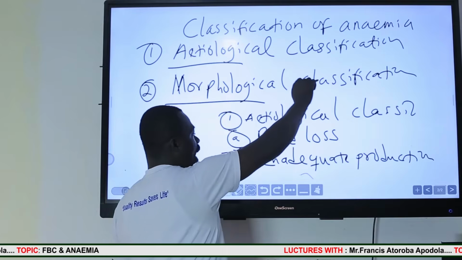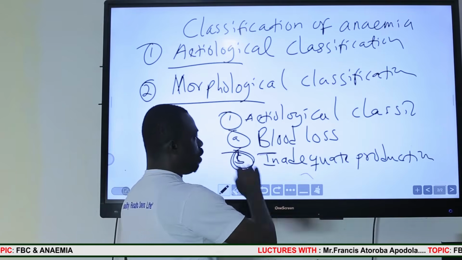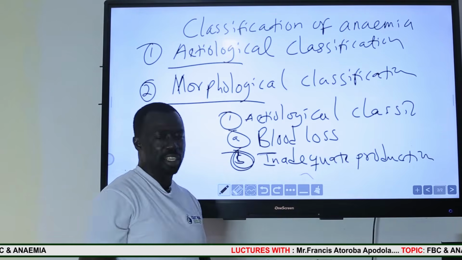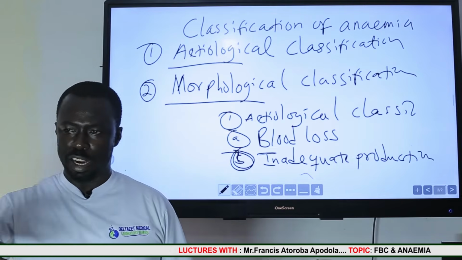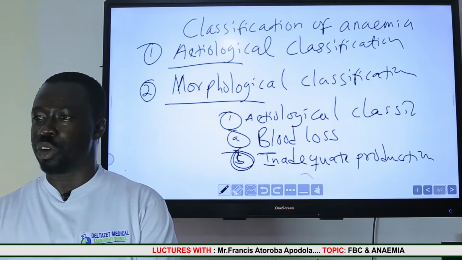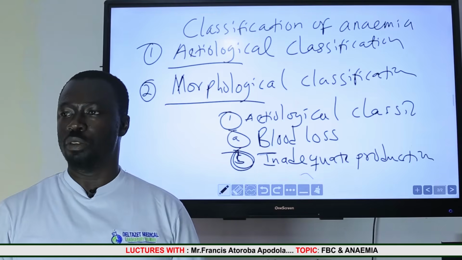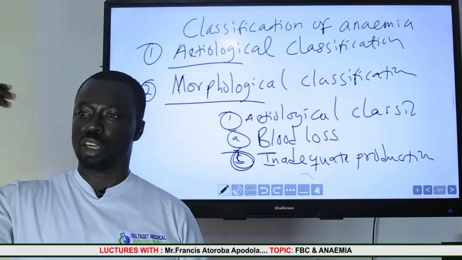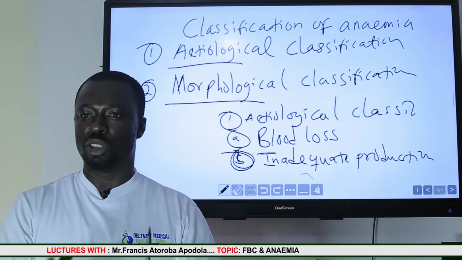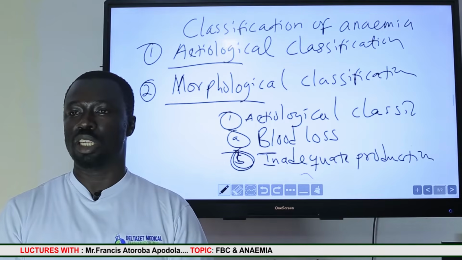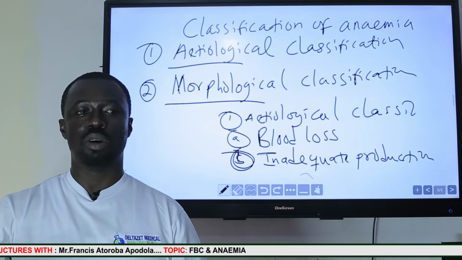So you have anemia, and the doctor wants to find out what is causing the anemia. The doctor will be asking the patient whether there is any history of blood loss. If it's a female subject, the doctor will want to find out when she menstruated and whether the menstruation has stopped or it is still ongoing.